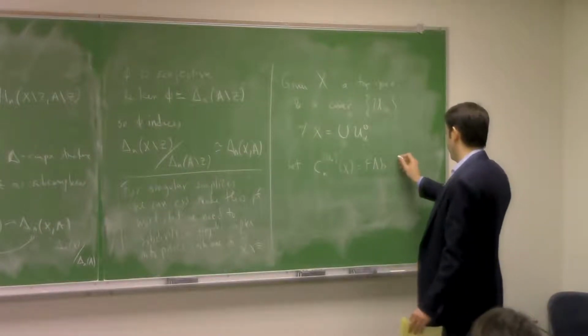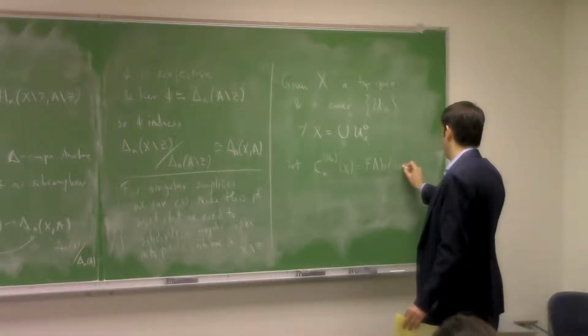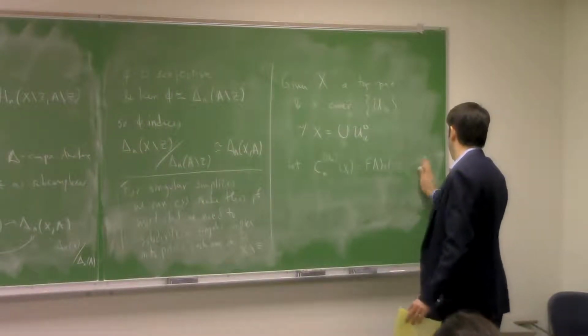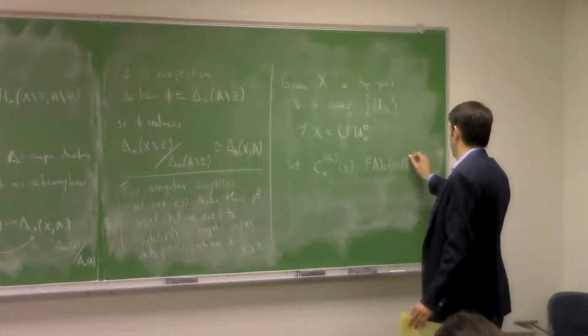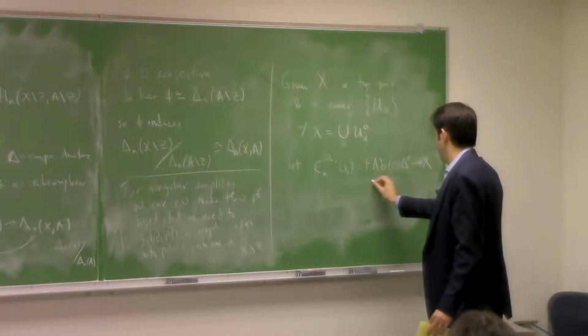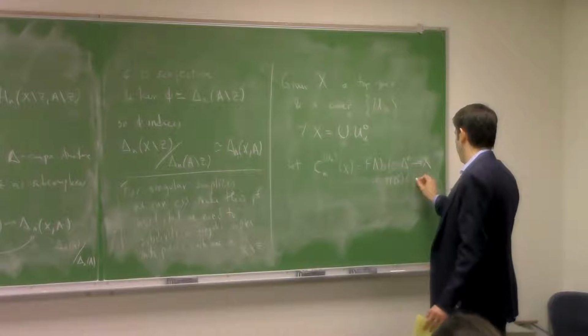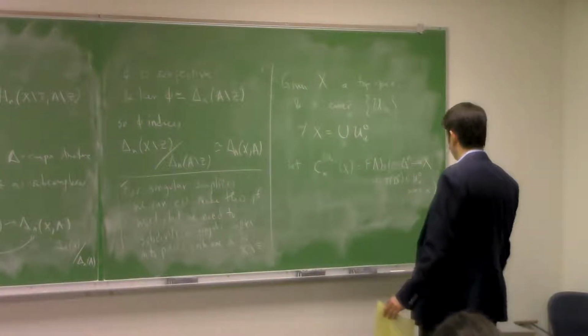Right? So free abelian group on all singular simplices such that the image is inside U_alpha interior for some alpha.